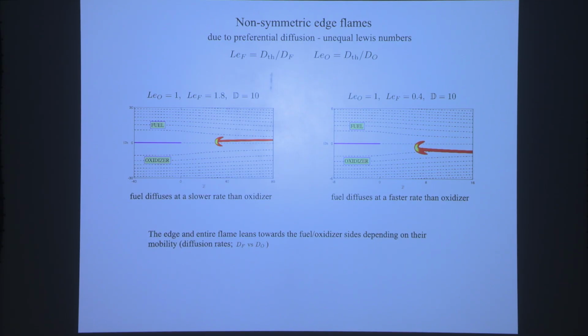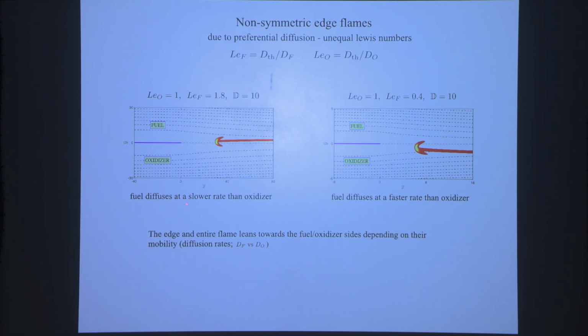Here is a non-symmetric situation due to Lewis number. So here the Lewis number of the fuel is 1.8, of the oxidizer is 1. So in this case, the fuel diffuses at a slower rate than the oxidizer, right? Because the Lewis number is thermal to mass. So large Lewis number means a small diffusion of mass, small diffusion of fuel.